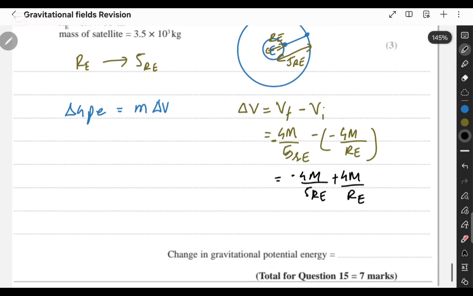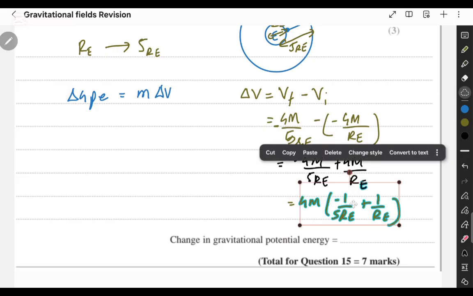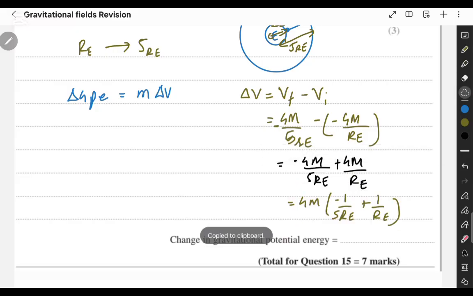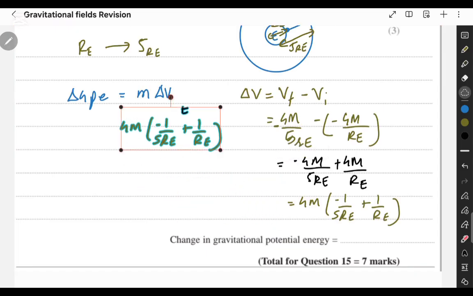Make sense? I'm going to take that GM out, so GM times minus 1 over 5 RE plus 1 over RE. Then this is supposed to be multiplied with m.